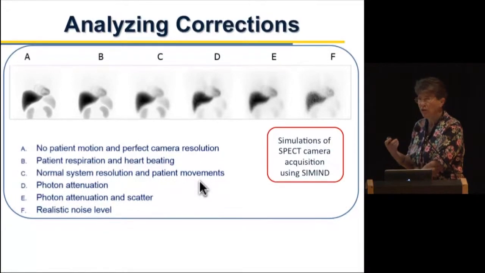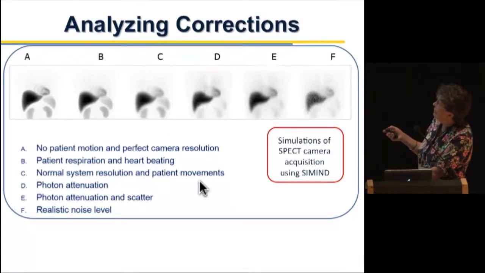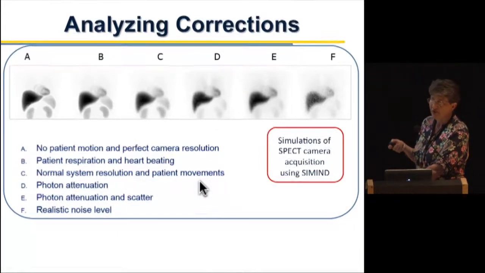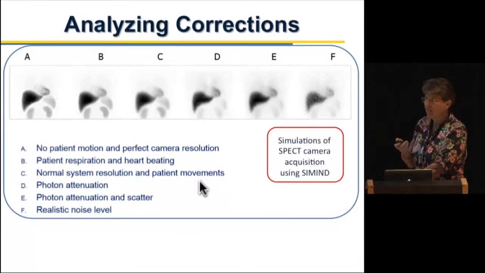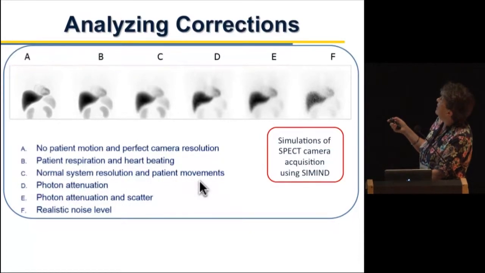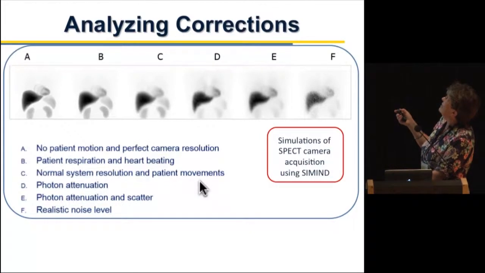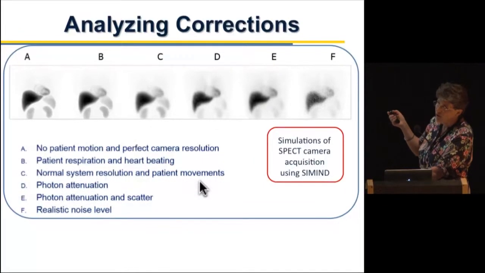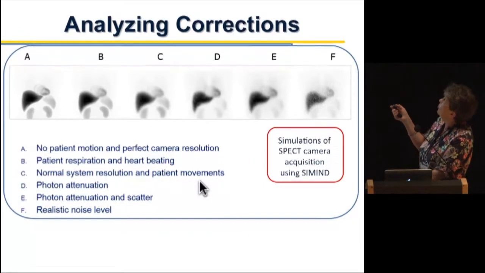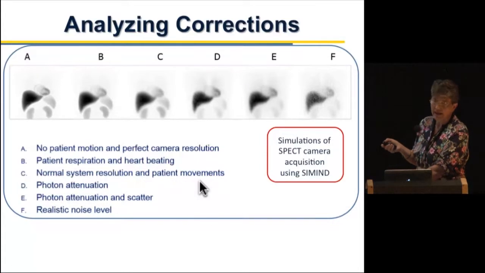The scan is usually about 15, 20 minutes. The patient can wiggle on the camera bed. Then there is photon attenuation, which removes some of the photons, especially from the central part of the body. Then you have scatter. Then you add noise. So you can see that the image, this projection image, which is what we acquire, is quite different from what we have here.